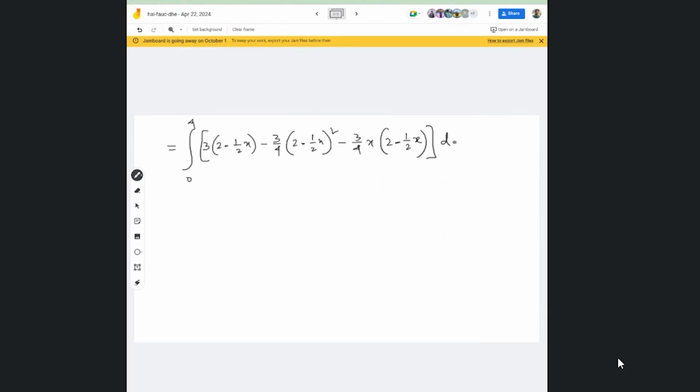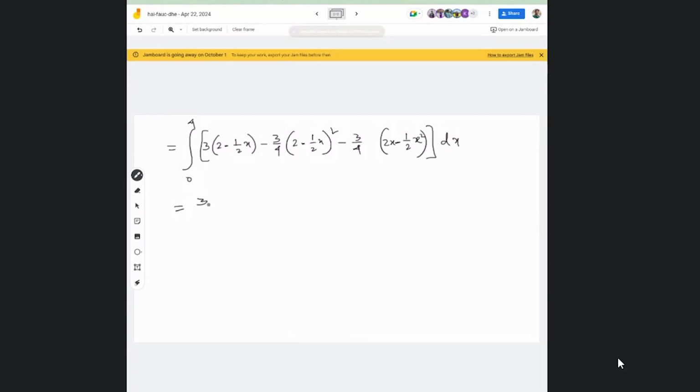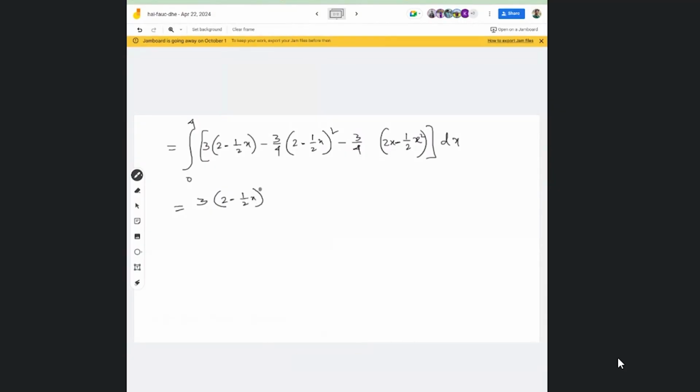This should be integrated with respect to x. So multiplying by x, that would be 2x, and it will have x squared. Now we are going to integrate it with respect to x. 3 into 2 minus half of x whole square by 2. The coefficient of x is half, so dividing by half, that would be minus 2.